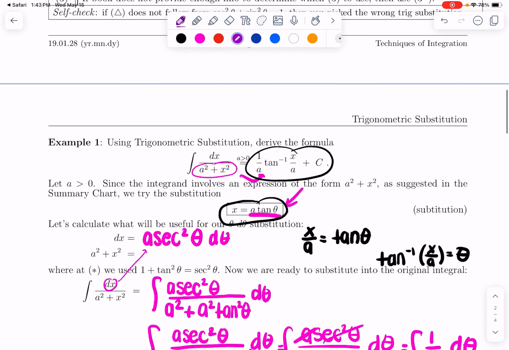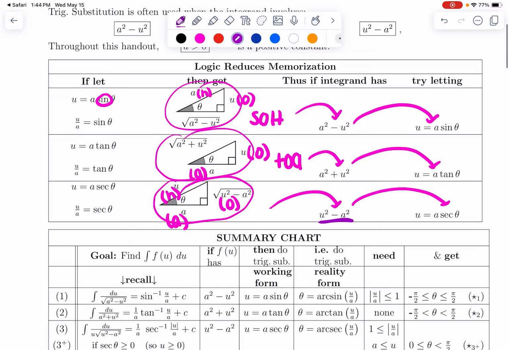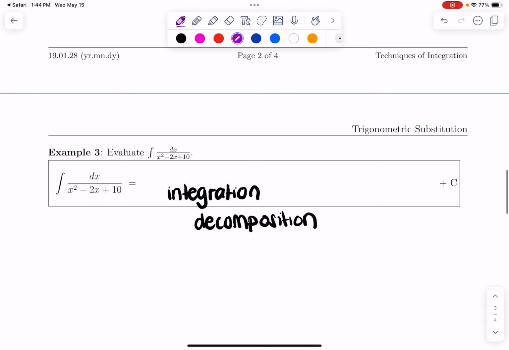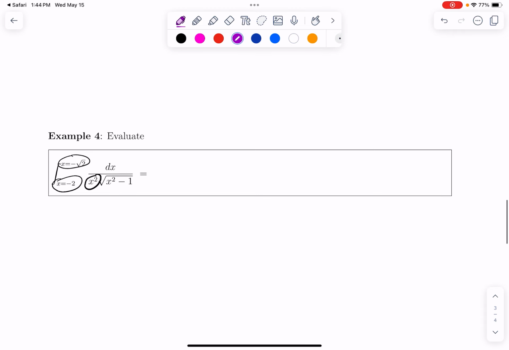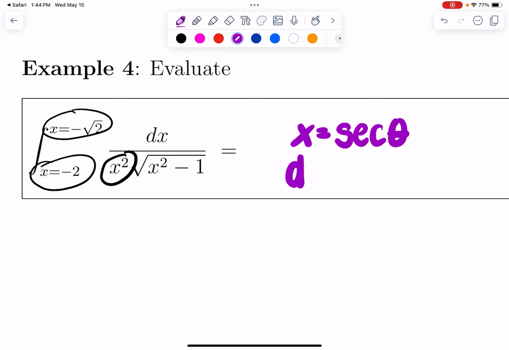I would see that the trig substitution would be the first one, where u squared minus a squared is going to be secant. So in other words, your a value is just 1, and x would be secant of theta. And then from there you need to find dx, which would be secant tangent.